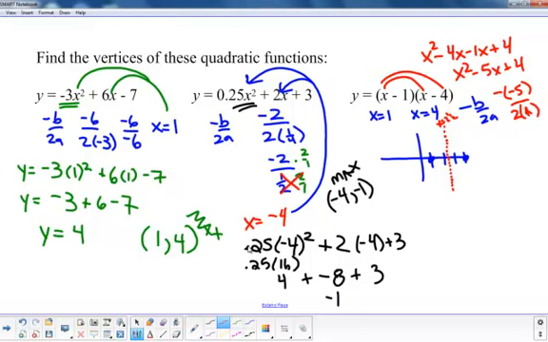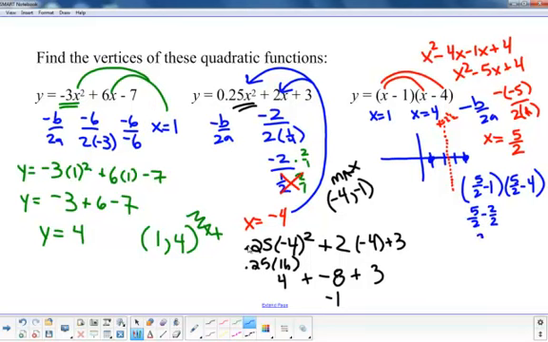So again, our vertex is 5 halves. That's the x value of the vertex. You would need to plug that in to solve for the y value. So 5 halves minus 1 times 5 halves minus 4 will give you the y value.